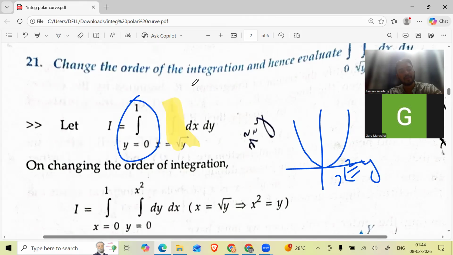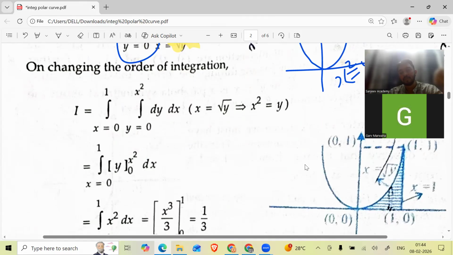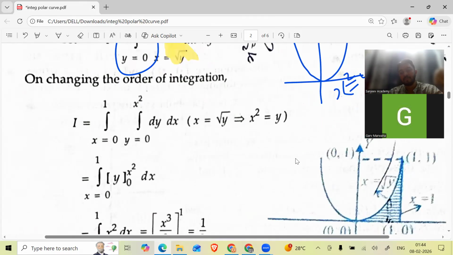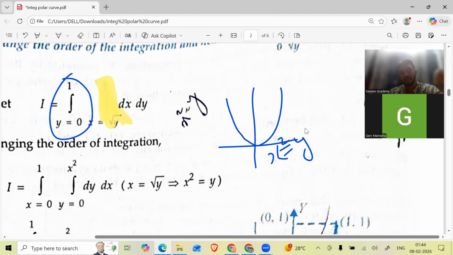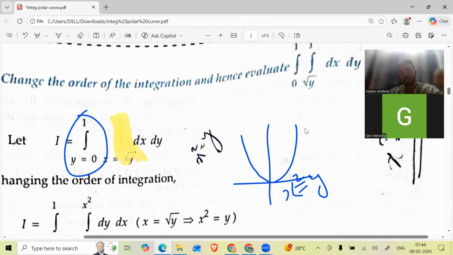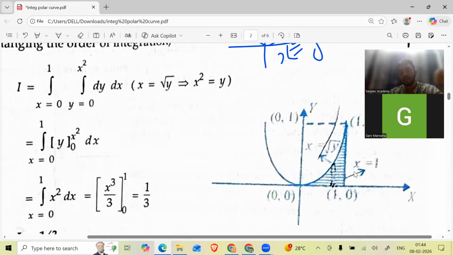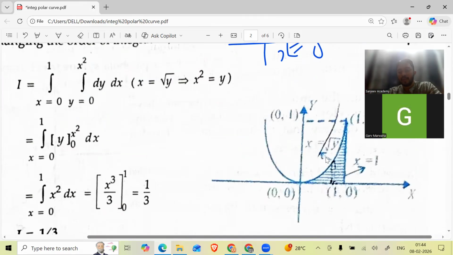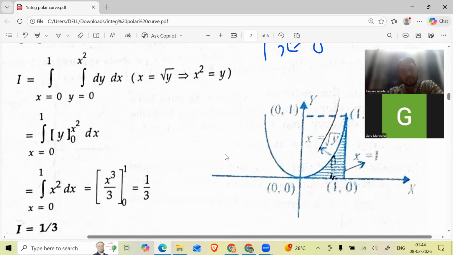Y is equal to 1, so it will be parallel to the y-axis. Okay, parallel to the y-axis. Clear? Okay, so we got a line parallel to the y-axis also. That's all. So this is how you have to plot the graph first.